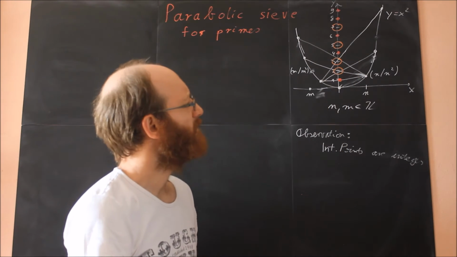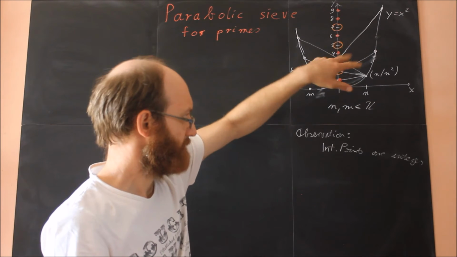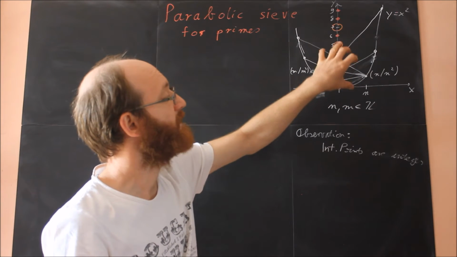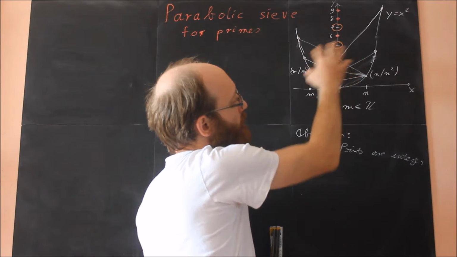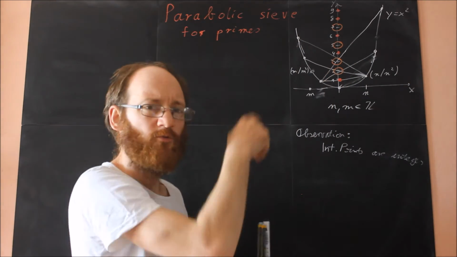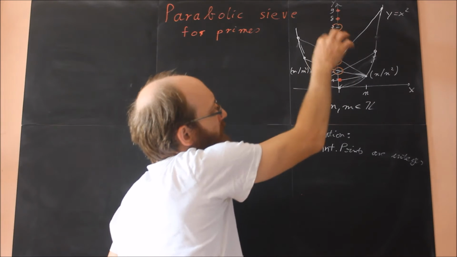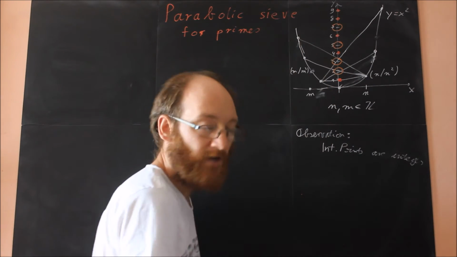So please pause the video and make a proper picture of the situation. Here I have, of course, some problems with the scaling, but if you do it on a nice paper, you will see that we do not cross the primes.